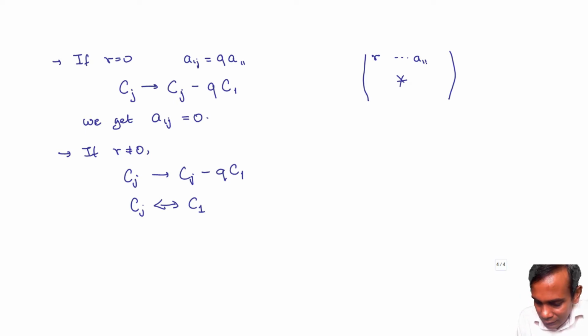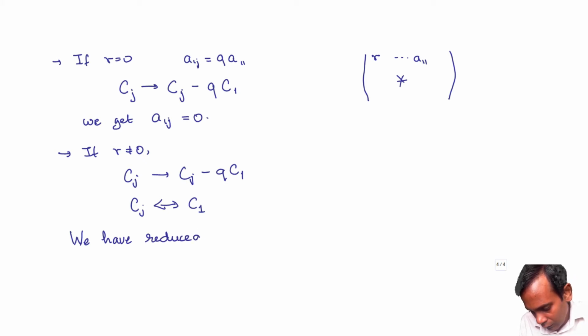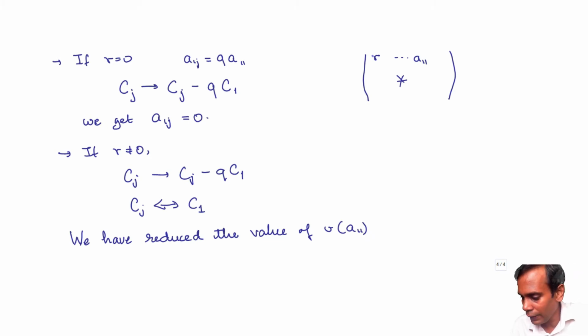So at this point we have reduced the value of dA11. So this R is the new A11.